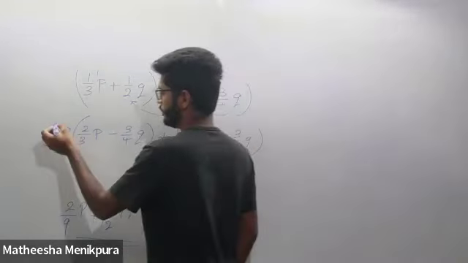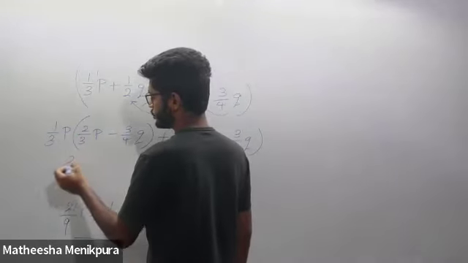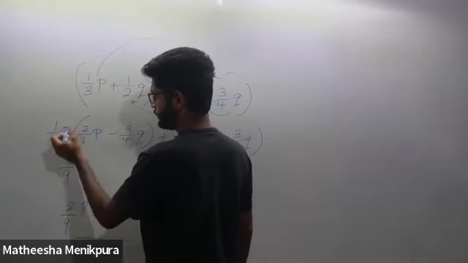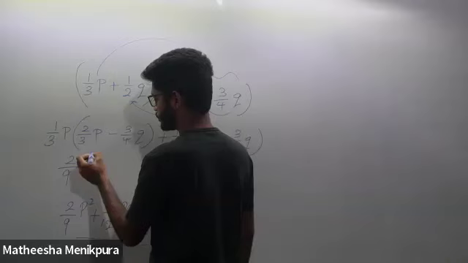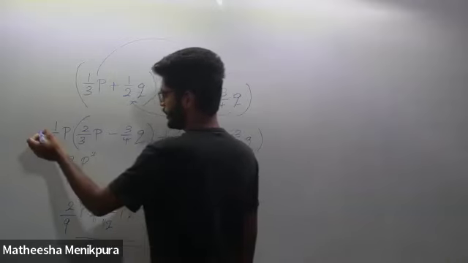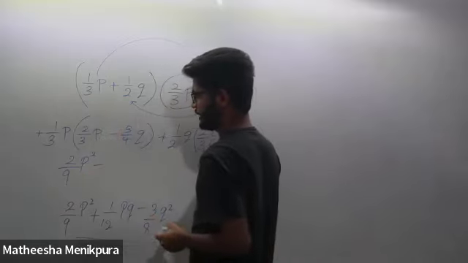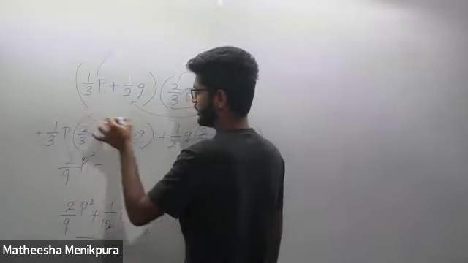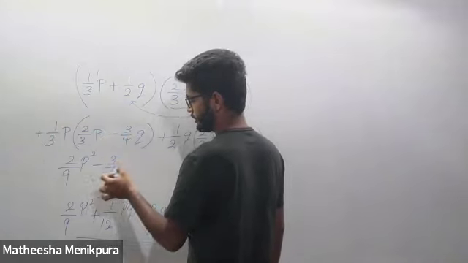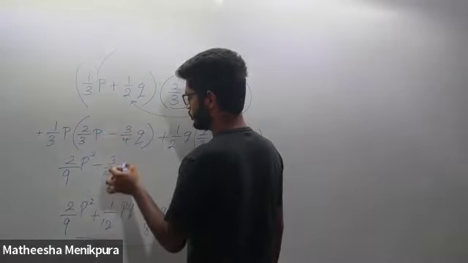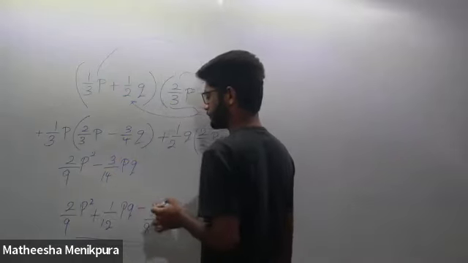So let's multiply: 1 times 2 is 2, 3 times 3 is 9, p into p is p squared. Here plus into minus is minus, 1 into 3 is 3, 3 into 4 is 12, p into q is pq.